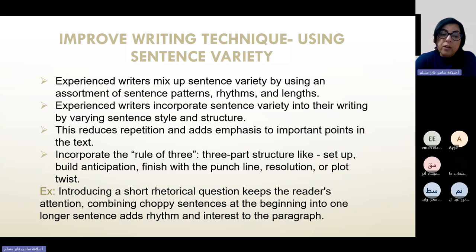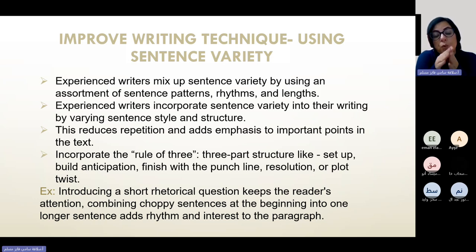Experienced writers incorporate the rule of 3. The rule of 3 is a 3-part structure in their writing. Like we talked about the setup, building anticipation, and then they finish with a punchline, resolution, or plot twist. This is when it comes to literary work.